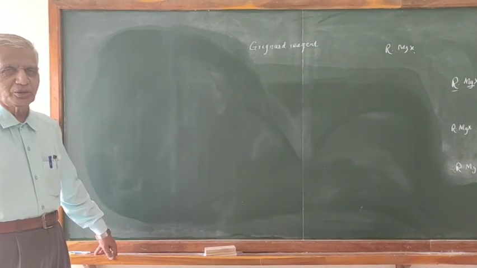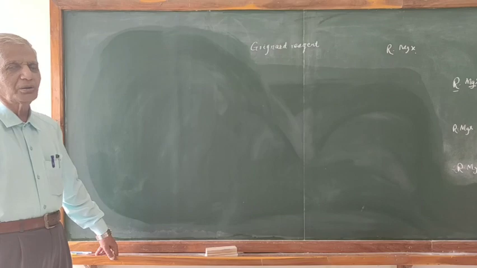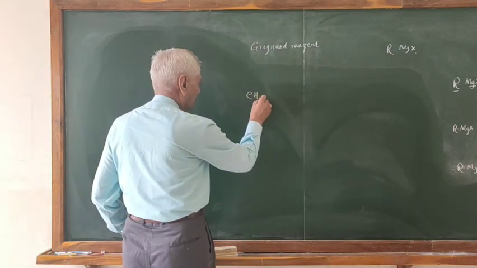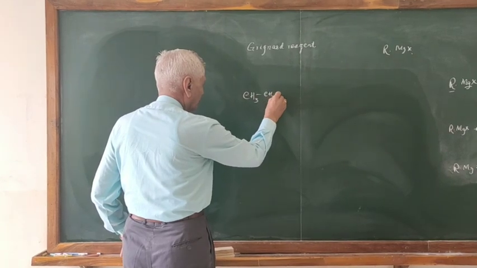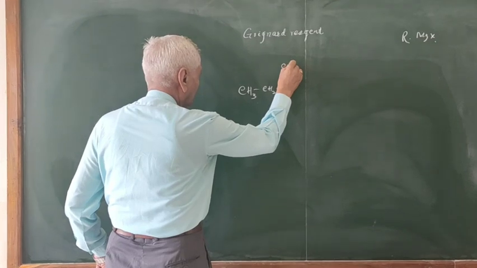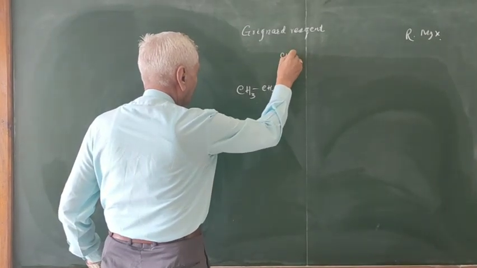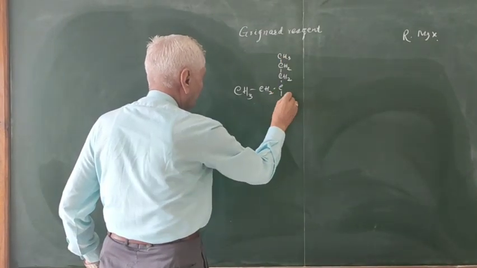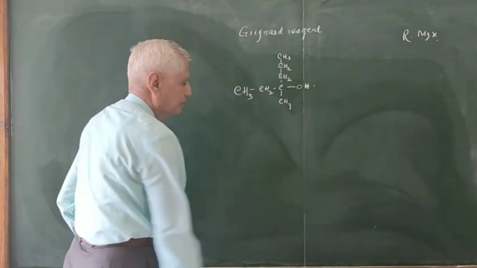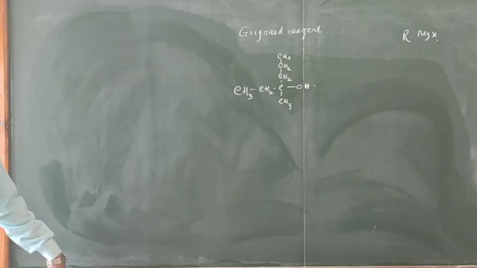What is the Grignard's reagent you want to take and what will be the carbonyl compound? Say, I want to prepare this compound.